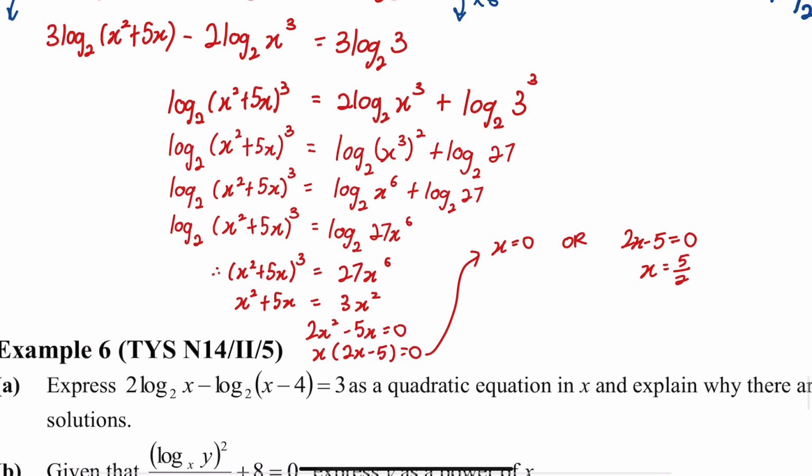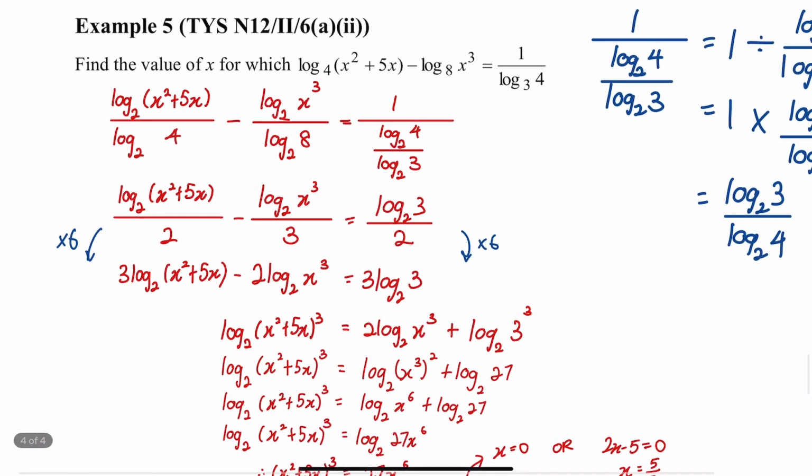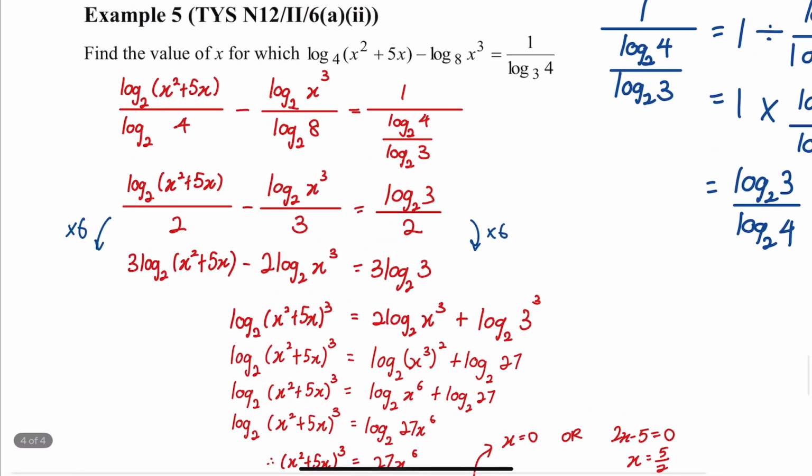Okay, then I'll check again. Are both answers valid? x equals 0 and x equals 5 over 2. I check back over here. Remember, this number here must be strictly positive. There is no number that you can power to get 0 over here. So when x is equal to 0, this function here becomes 0, and it is not defined.